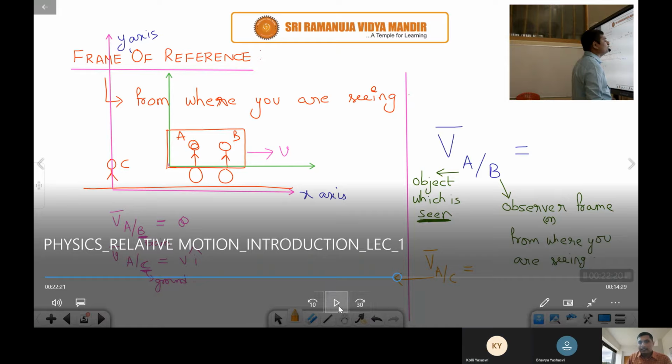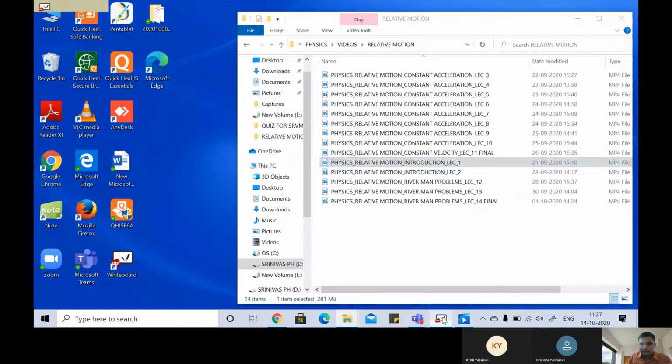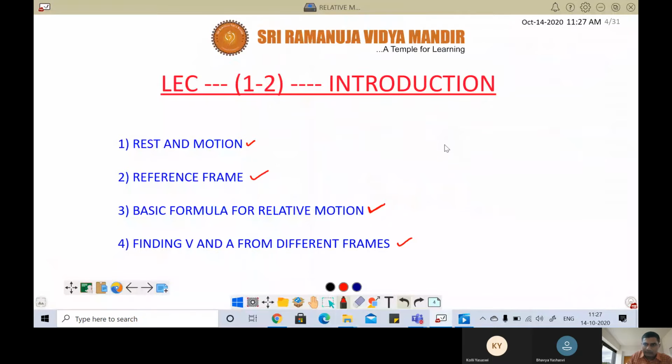In general, suppose I write velocity of x with respect to y, what does it mean? What is meant by x? The object whom you are observing.